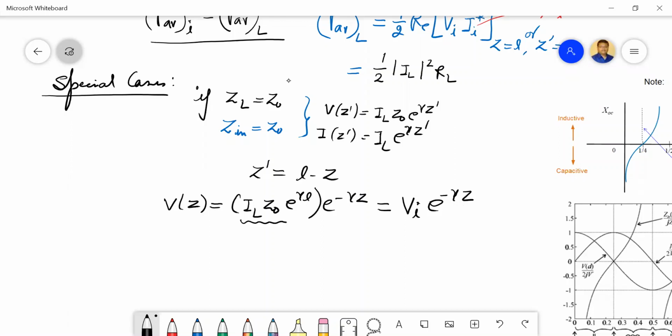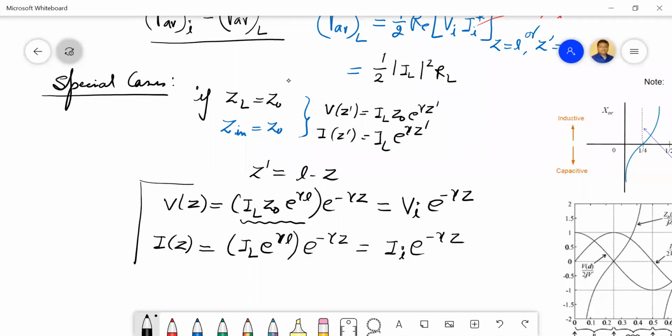This term is nothing but your input terminal voltage, and Iz will similarly be IL e to the power gamma L e to the power minus gamma z, and finally you can also write Ii e to the power minus gamma z.